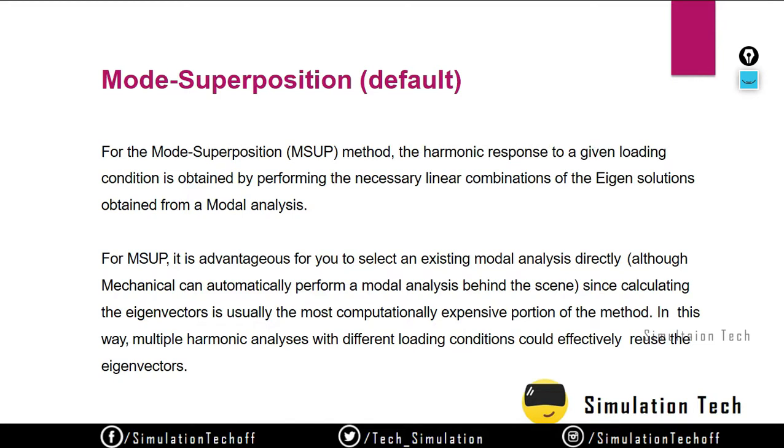I already said this about our transient structural analysis. We can do the transient structural analysis with both methods. Transient is a dynamic analysis, and you can do it either as a full method or as a mode superposition method.